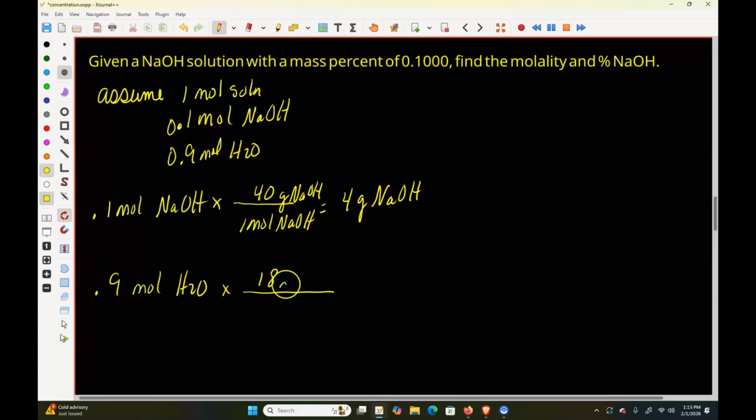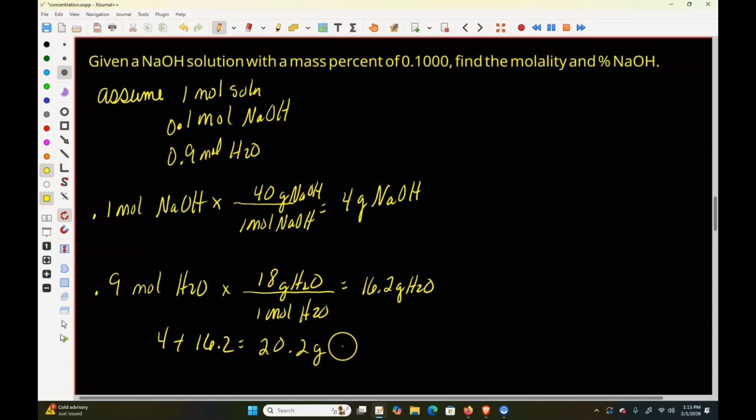So that's 18 grams of water per 1 mole of water. That means I have 16.2 grams of water. So 4 plus 16.2 means I have 20.2 grams of solution.